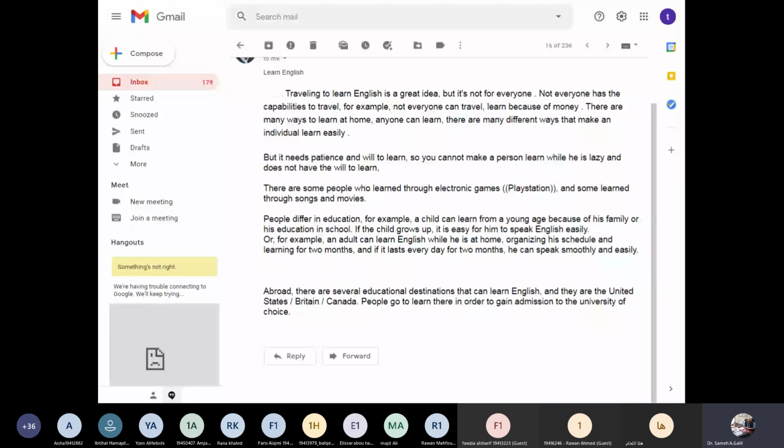Are you getting the idea? So the last part cannot be a conclusion because it has nothing to do with the rest of the essay. A conclusion is normally what? A sum-up of the idea, a summary of the idea, or sometimes you give recommendations, right? You comment on something, right?